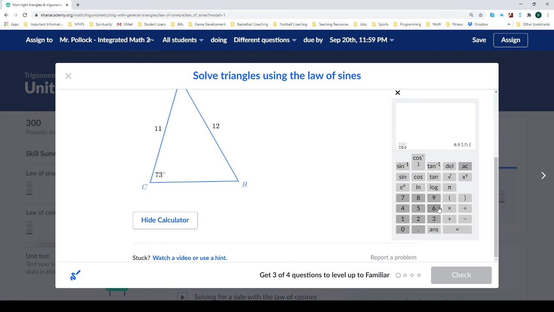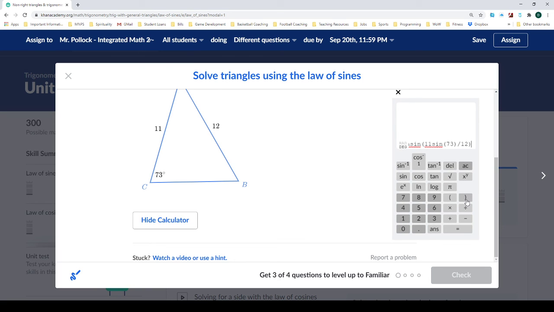And then it's going to be 11 times the sine of 73 degrees. And again, note that I am in degree mode. And then I need to divide that by 12.